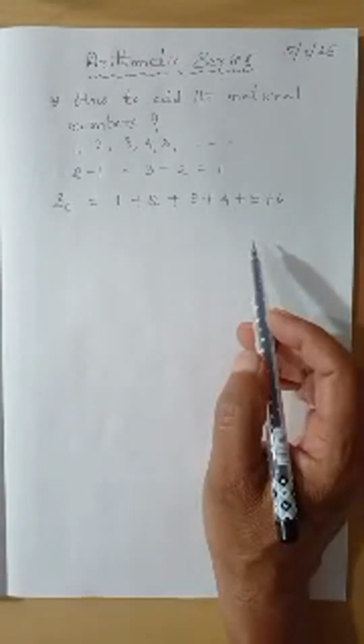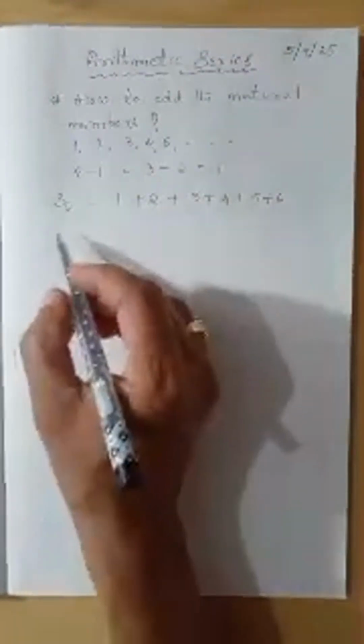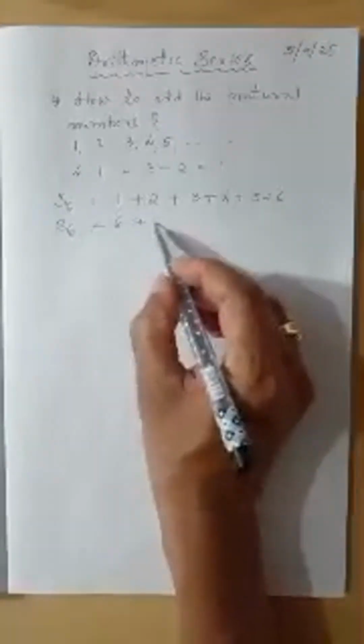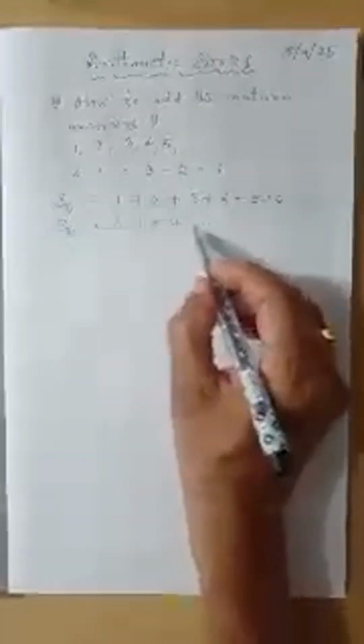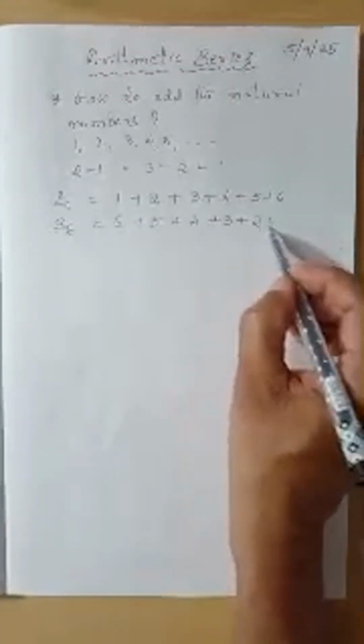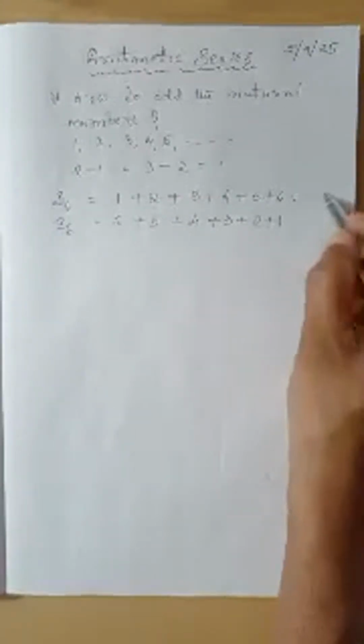To develop the relationship, I want to write this in reverse order: S6 = 6 + 5 + 4 + 3 + 2 + 1.